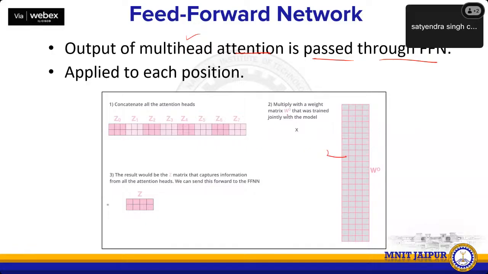We multiply with the weight matrix denoted by WO, which is for the output and was trained jointly with the model. The result would be the Z matrix that captures the information from all the attention heads, which we can send to the feed forward network. That will be passed to the second layer.